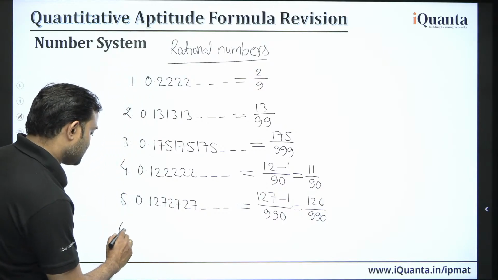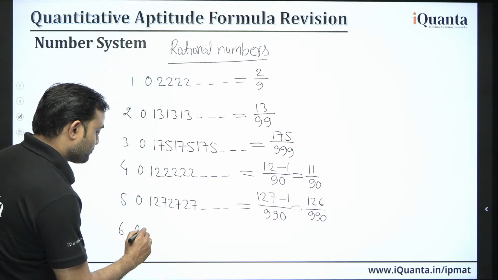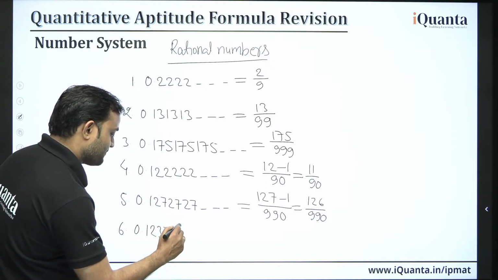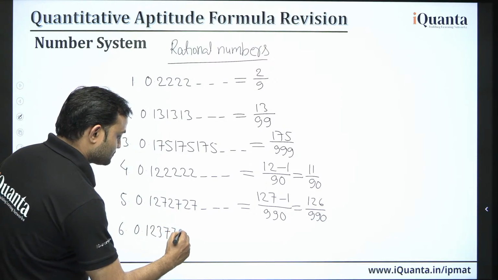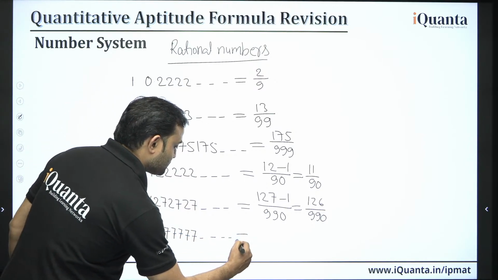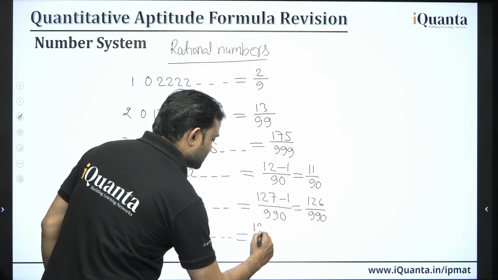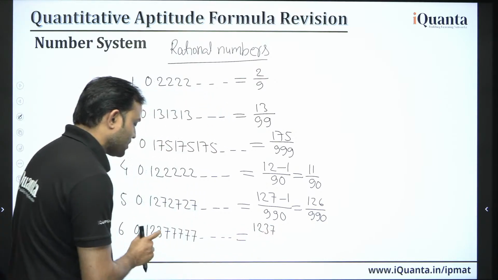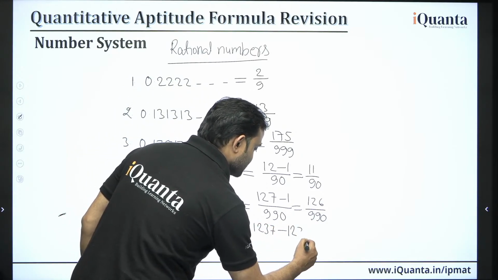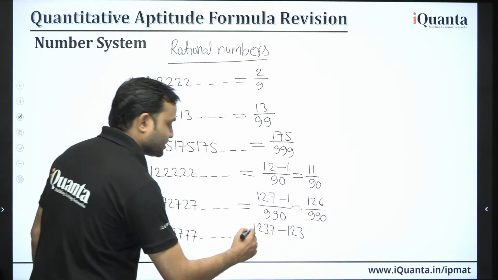Then comes another example. Let's say it's 0.123777 and so on. This will be equal to 1237, write down all the digits, minus the number which is not repeating itself, like 123.